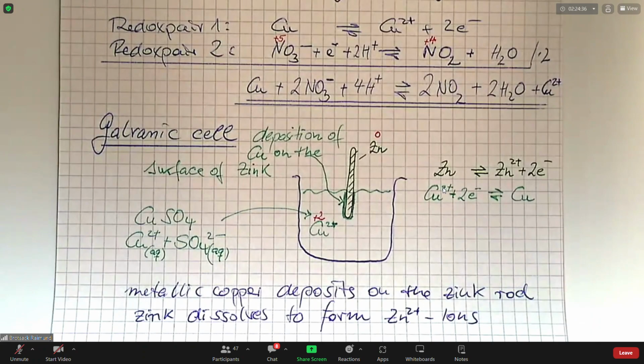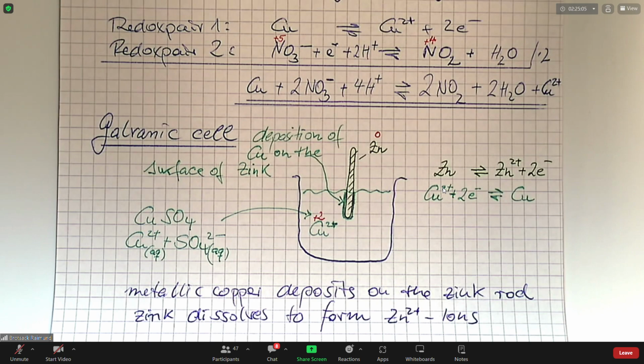To form zinc 2+ ions. That is what happens. And this is the case because copper is a noble metal and zinc not. So copper stays quite stable. If you have copper outside in nature, it won't be oxidized very easily because it's very stable. It's a noble metal.